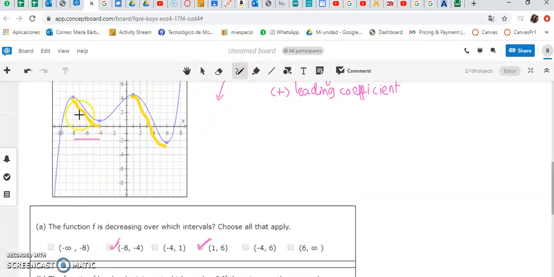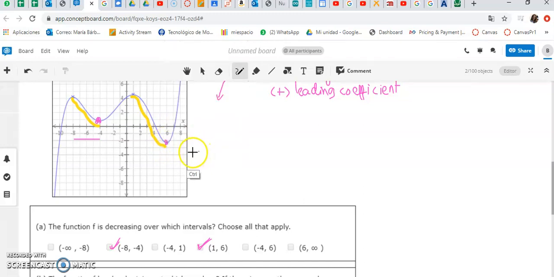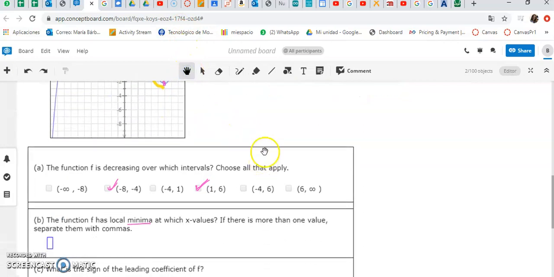Okay, here, as you can see, in -8, this is a maximum, but we have a minimum in -4. So here in -4, and here we have another one in 6.